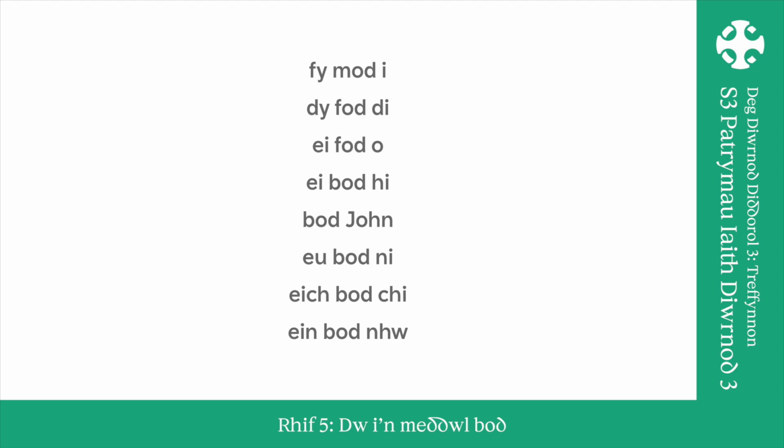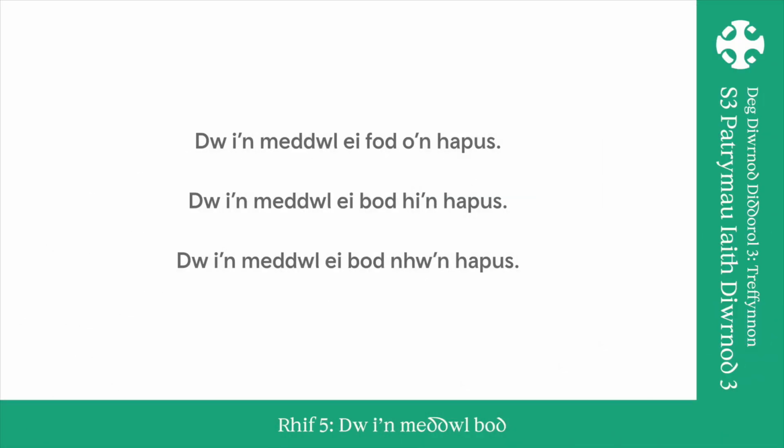Bod, that, can also be linked with possessive pronouns. Fy mod i, dy fod di, ei fod o, ei bod hi, bod John, ein bod ni, eich bod chi, eu bod nhw.